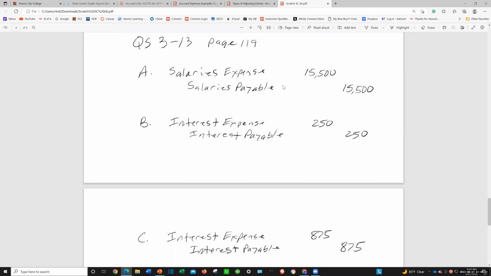The next one is interest payable. At December 31, this is the year end, the company owes 250 of interest on a loan. That interest will not be paid until sometime in January. Okay, it doesn't matter that we're going to pay it in January. As of December, that interest expense was incurred.